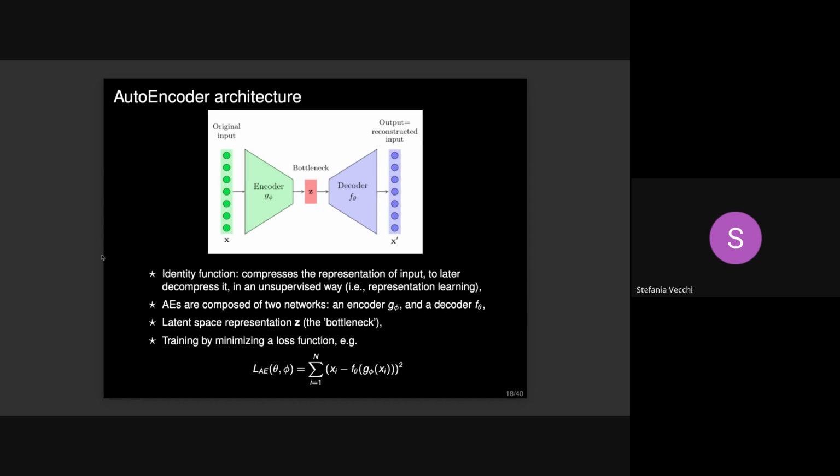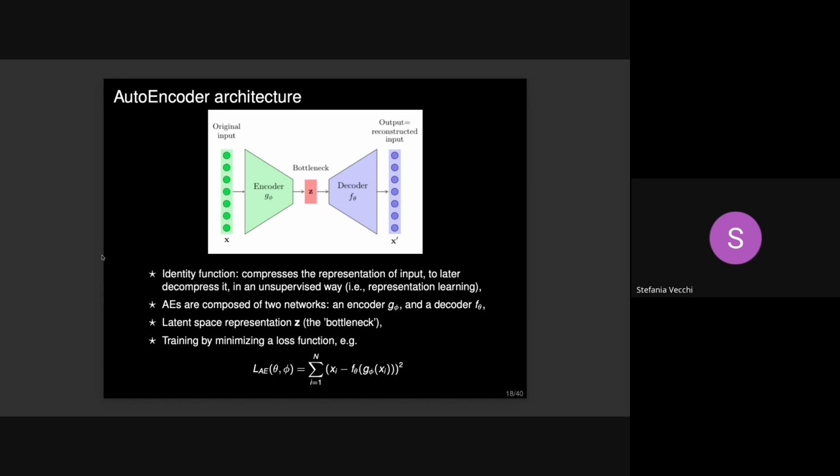So the only goal of the autoencoder is to take the input, process it through the thing, and output something that is exactly like the input. So this is the identity function. And so basically the training goes like that, that you feed this in and you demand that the output should be as close to the input as possible.